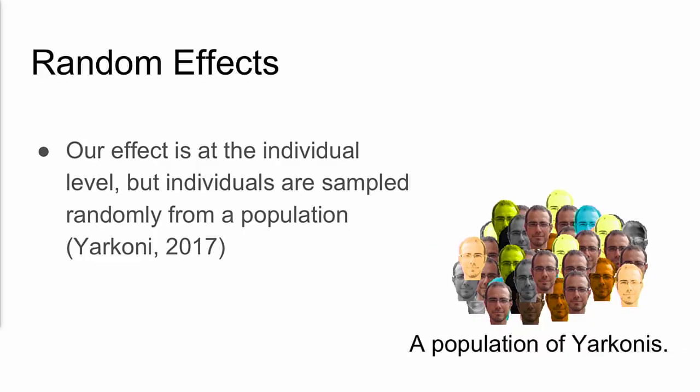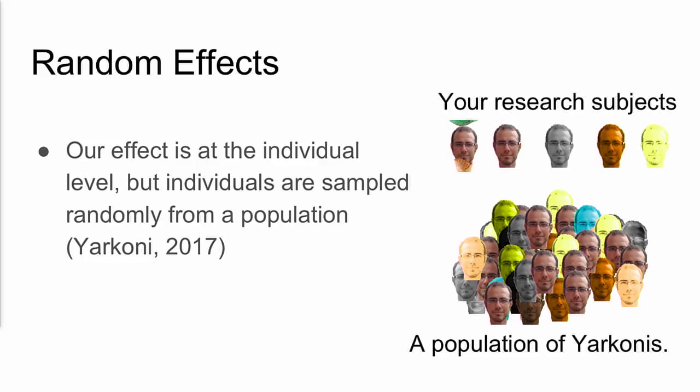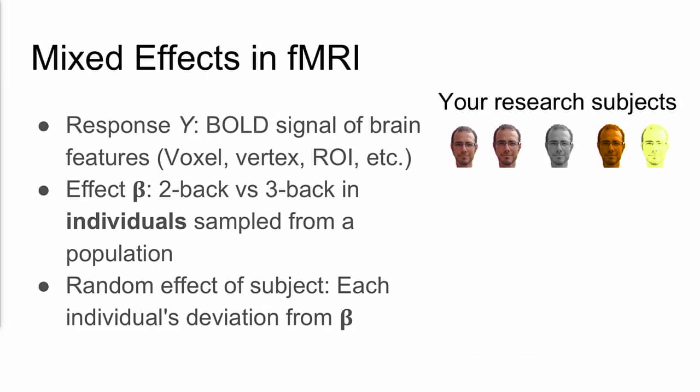Apparently we can't draw any subjects, so we're going to have a hard time conducting a study. There we go. There's your research subjects. So they're a random sampling of that population, and that random process has to be accounted for. That random process creates additional variance that you have to account for in your model.